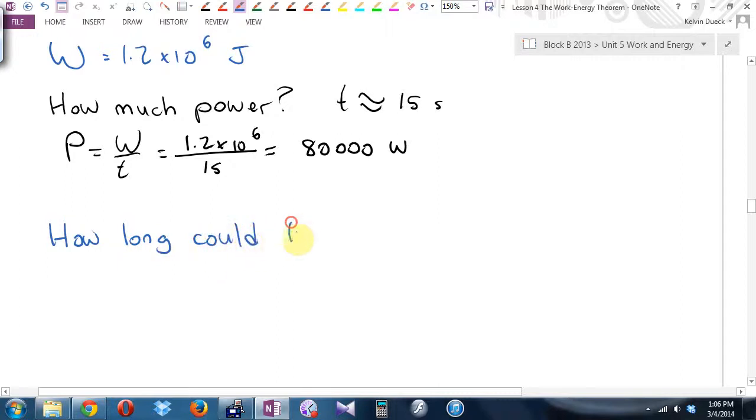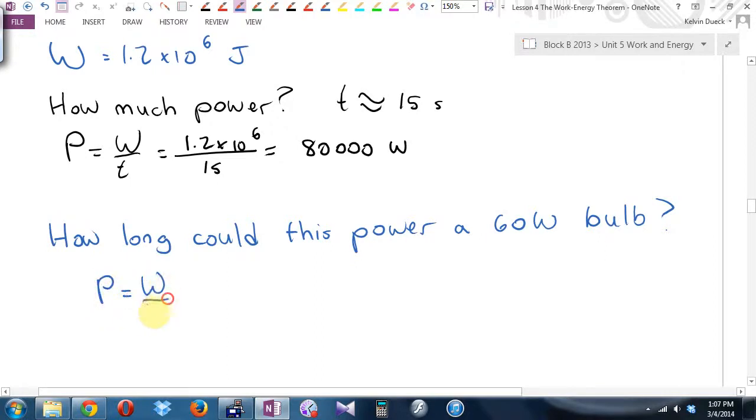How long could this power a 60-watt light bulb? Well, power equals work over time. What's this question asking me to find?